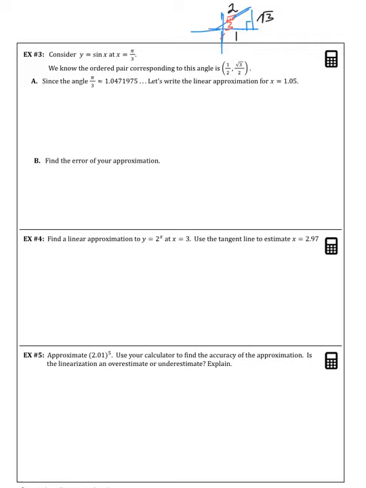And then if you recall your ordered pairs, your x, y ordered pairs go in the form of cosine, comma, sine. So to find the ordered pair associated with the sine of x at pi over 3, your cosine is adjacent over the hypotenuse, so that's where they get the 1/2.